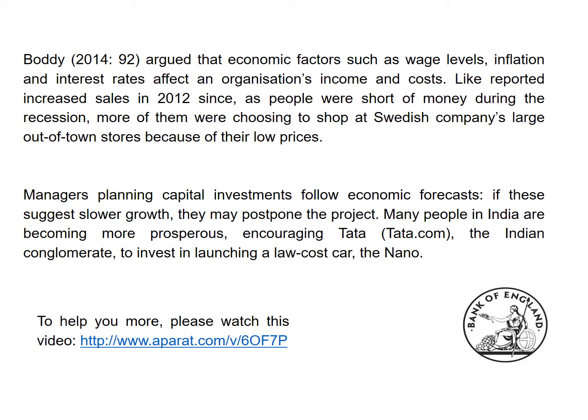Managers planning capital investments follow economic forecasts. If these suggest slower growth, they may postpone the project. Many people in India are becoming more prosperous, encouraging Tata, the Indian conglomerate, to invest in launching a low-cost car, the Nano. So this is very, very important.